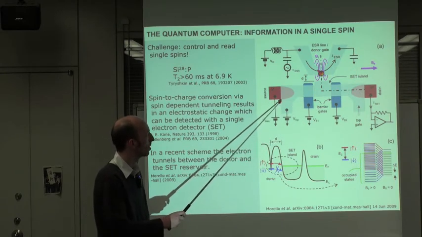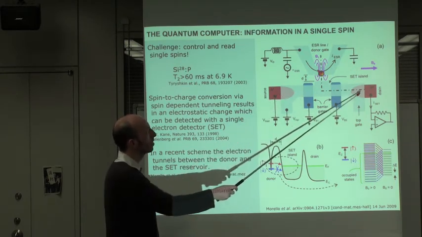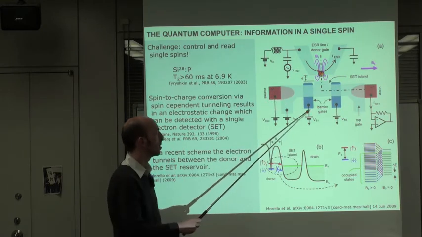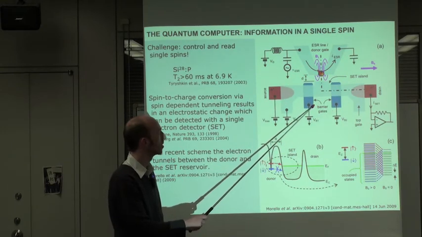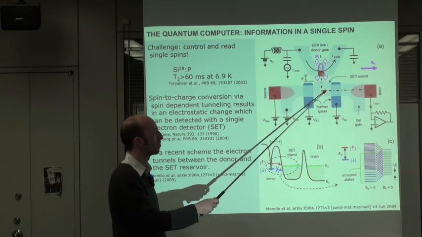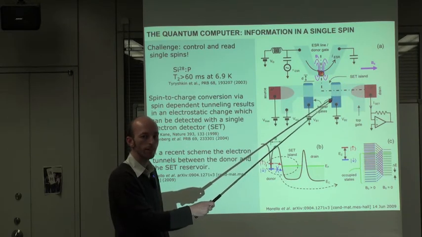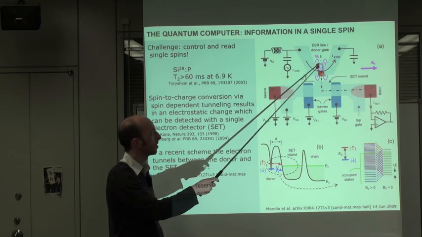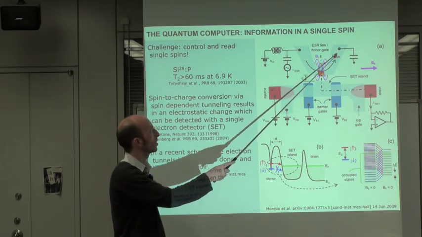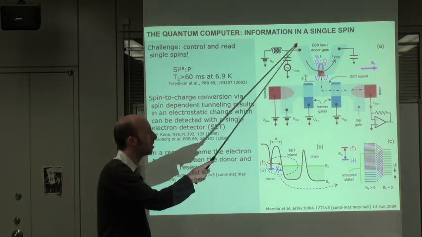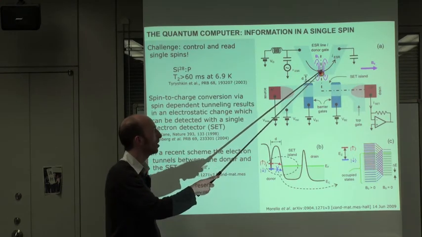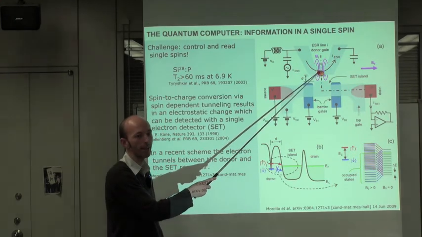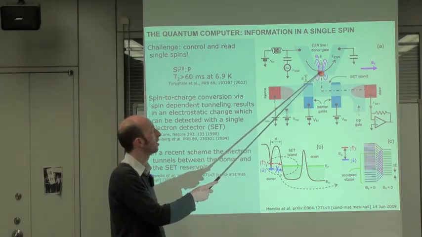You have your MOSFET down the bottom here with your source and drain. You have the two plunger gates, barrier gates, which form a silicon quantum dot in the middle. But then over here, it incorporates this ADMR type structure, which is just another MOSFET gate, but you have a single phosphorus ion underneath that gate.